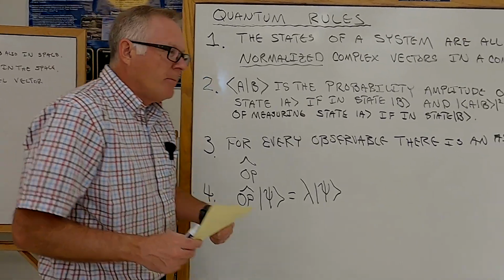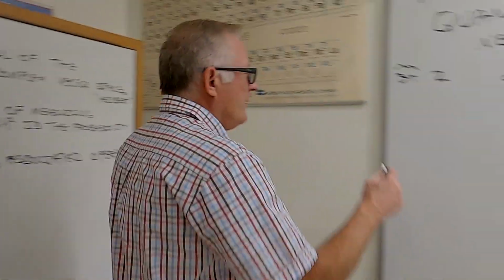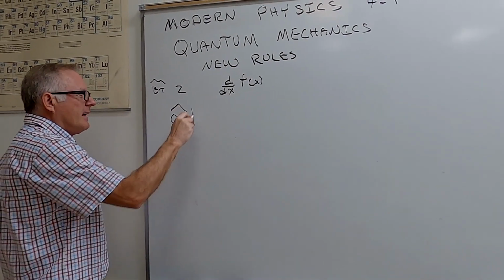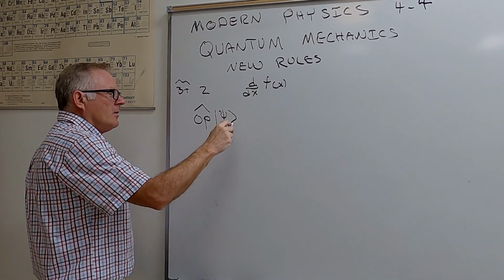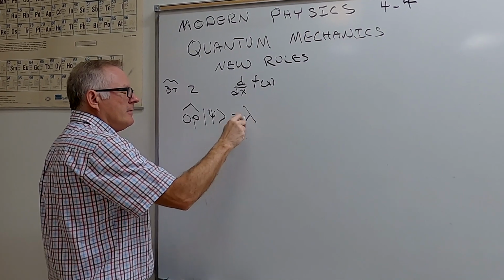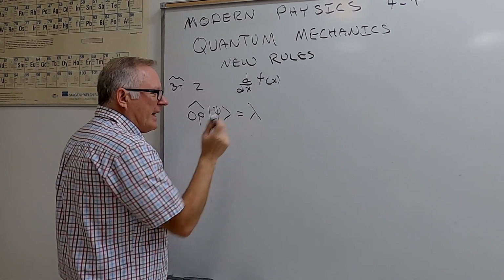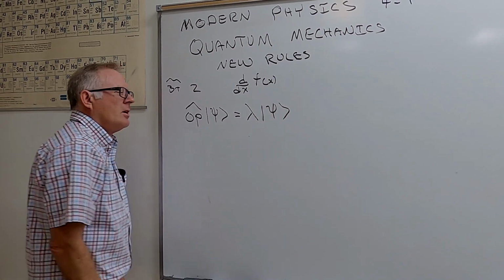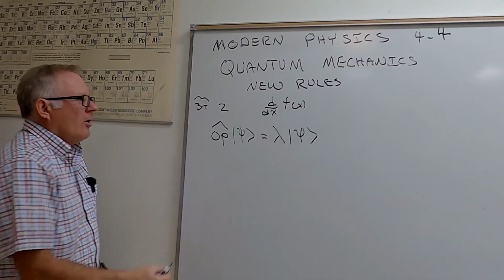Let me rewrite that over here. So we said an operator, whenever we operate on our state, we got some values out. These were the eigenvalues, and back our state again. And what did we say?